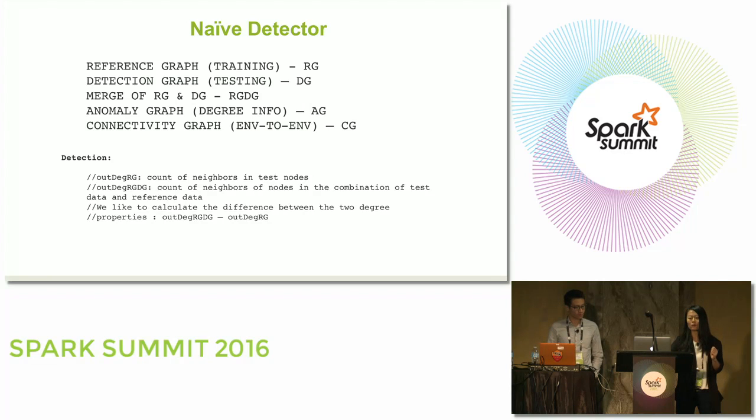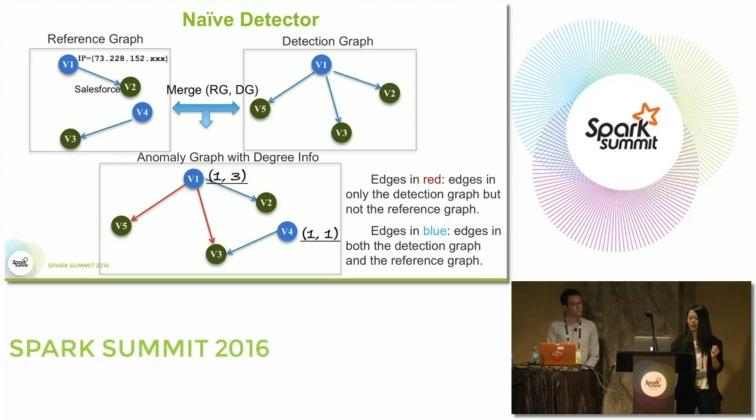So the algorithm itself simply calculates the difference in degree information. To illustrate, we'll just use this four-node diagram. On the left-hand side, we're seeing the reference graph having just a couple of nodes connecting a few business environments, the blue nodes being the features we're trying to identify, and the green nodes being the environments we're trying to protect.